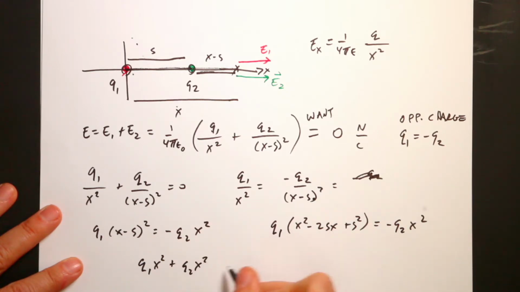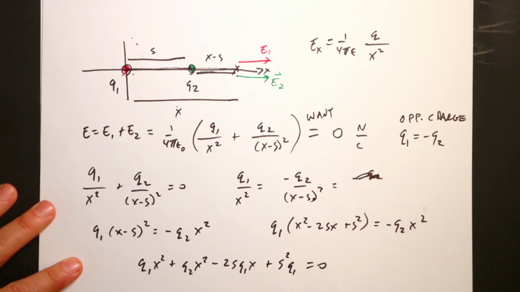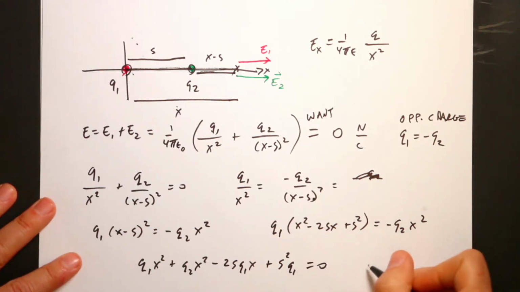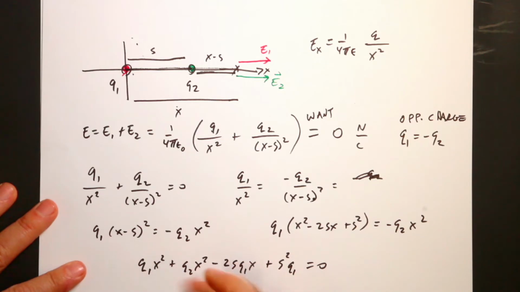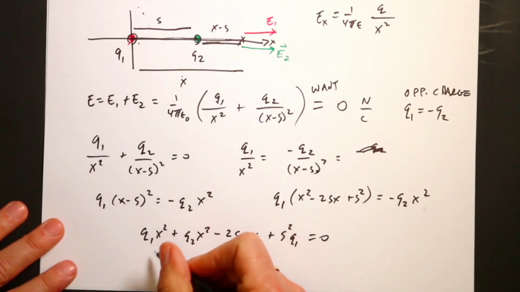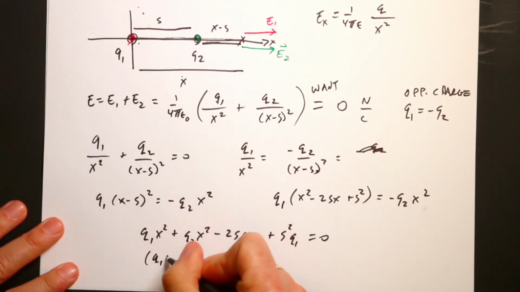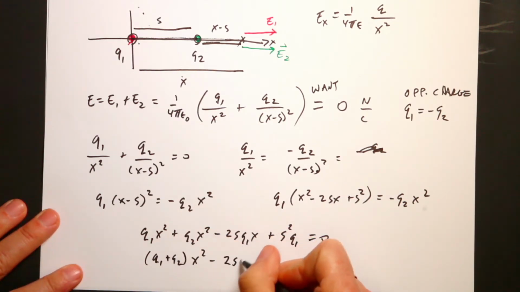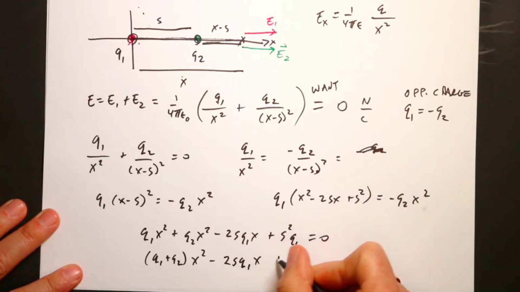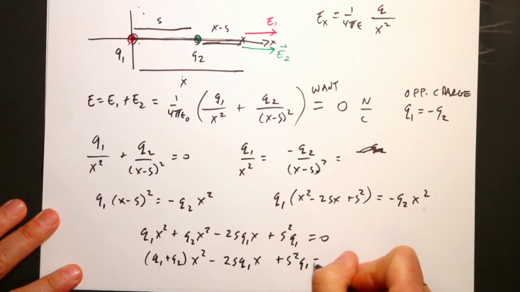Then I have this term, minus 2S Q1 X. Then I have that term, plus S squared Q1 equals 0. And I want to solve this for what values of X make this 0. And you'll notice that I have a quadratic equation. So I'm going to make room. Okay, so I'm going to put this as Q1 plus Q2 X squared minus 2S Q1 X plus S squared Q1 equals 0.